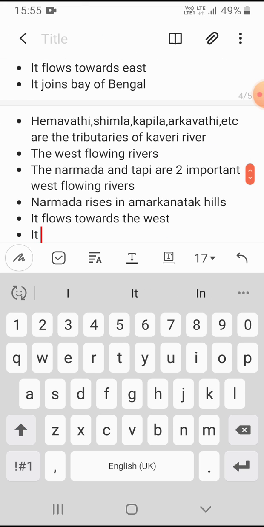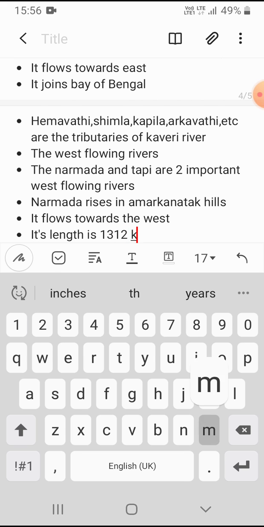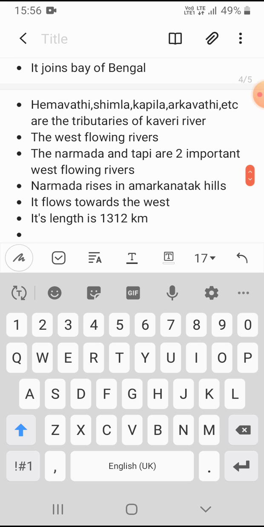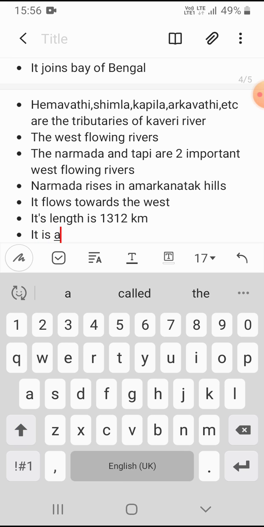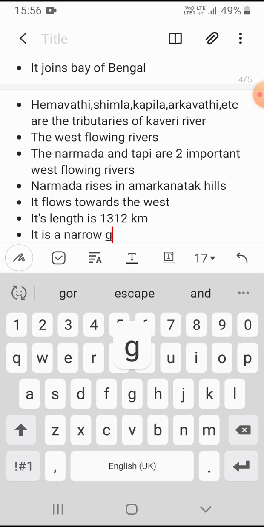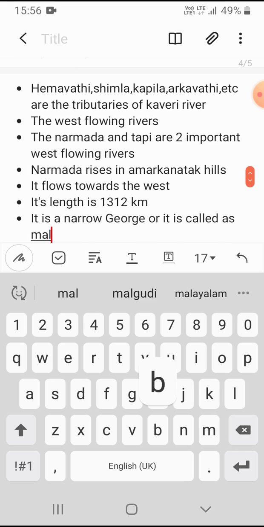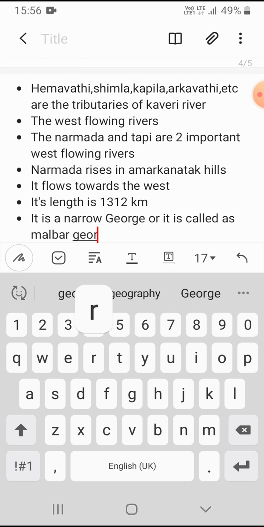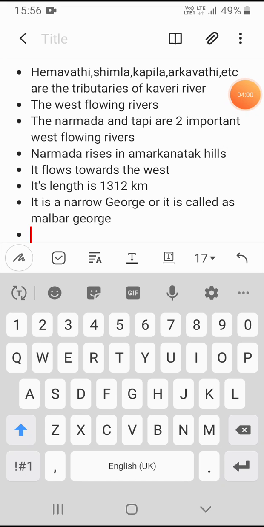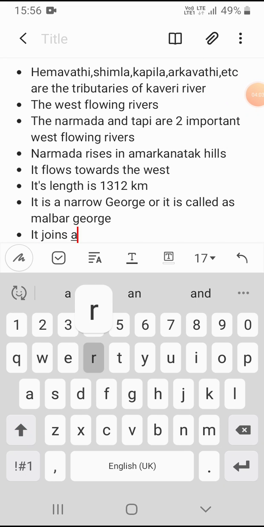Its length is 1312 kilometer, and it flows through a narrow gorge, called the Malabar Gorge. Afterwards, it joins the Arabian Sea.